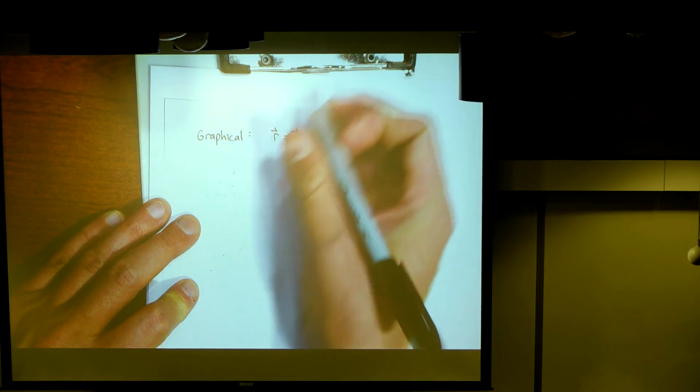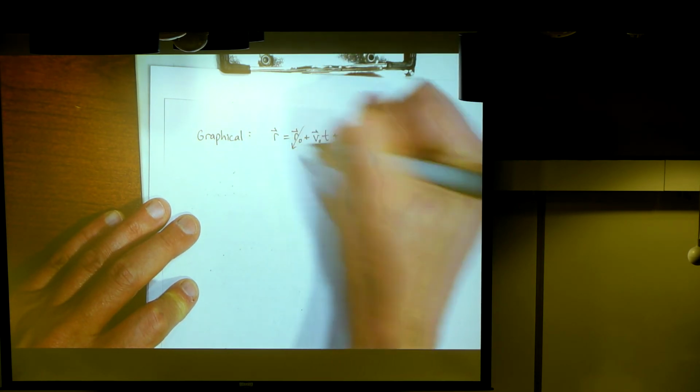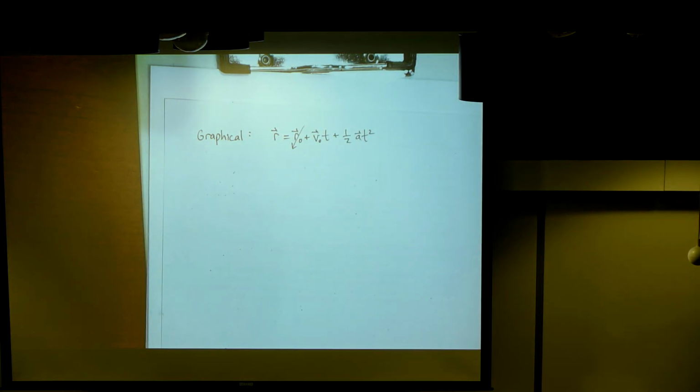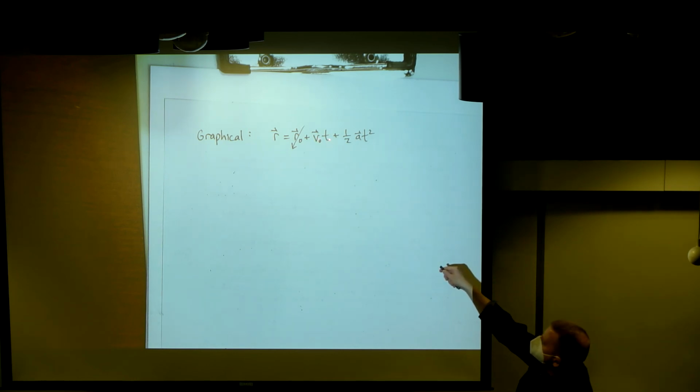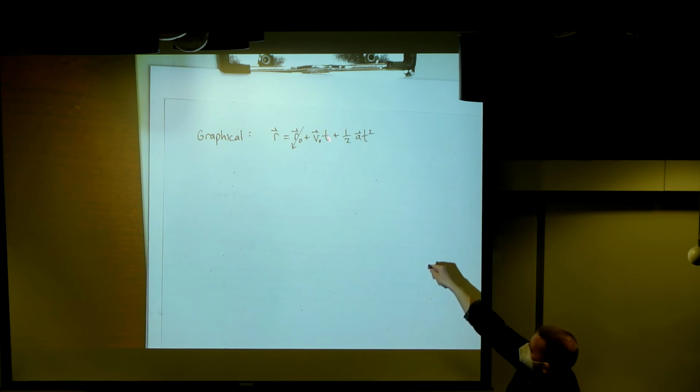Let's just, like we did before, suppose we're starting at the origin, which means the R naught piece goes away. And then we'll take it from there. So what are we adding together in this equation? We're adding together a vector, v naught times t, and then we're adding that to half at squared. So what direction is this vector pointing in, the v naught t vector?